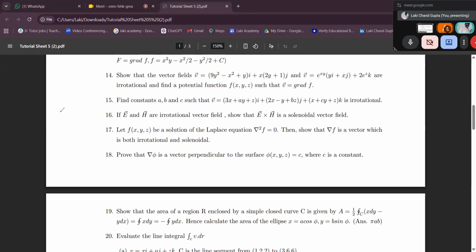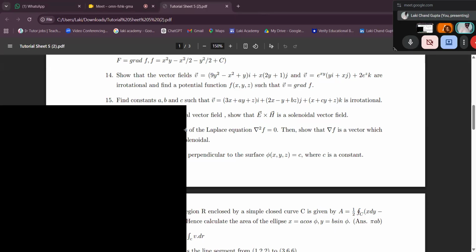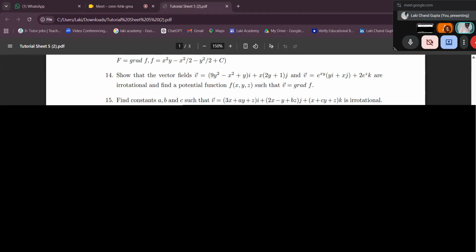Now see question number 15. Question number 15 is a very good question. Now see, you have to find a, b, c.